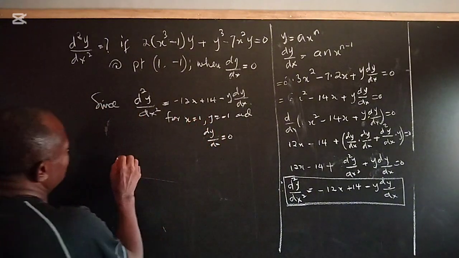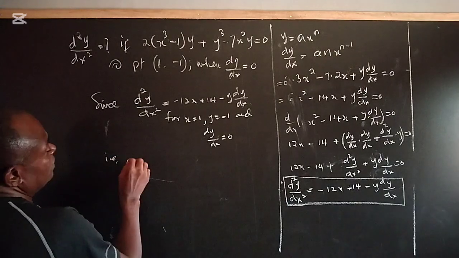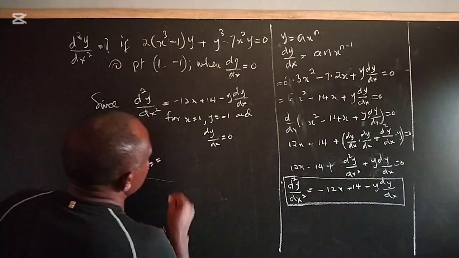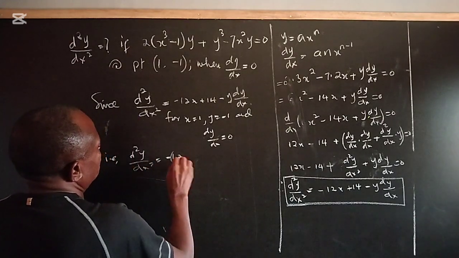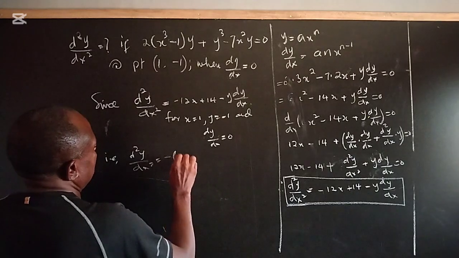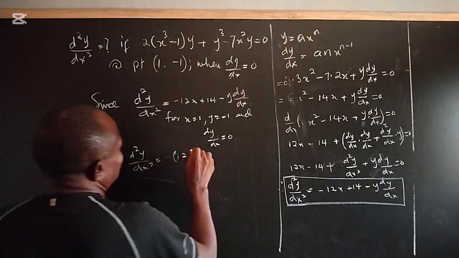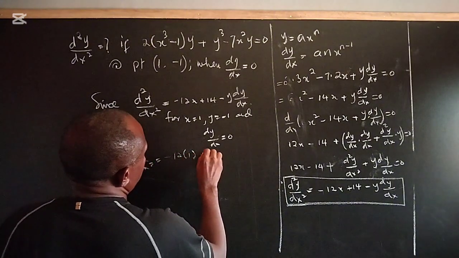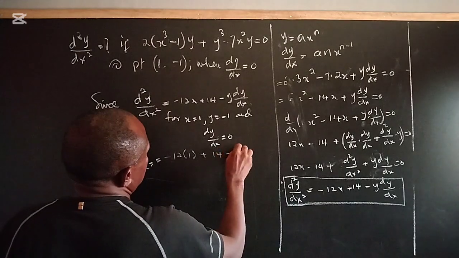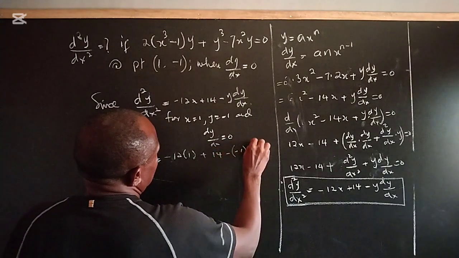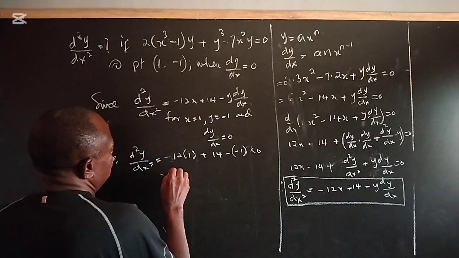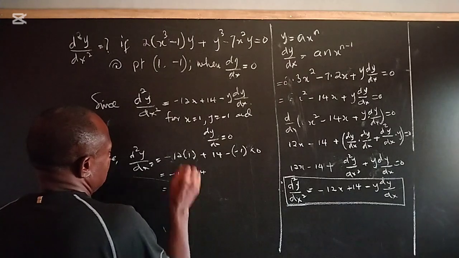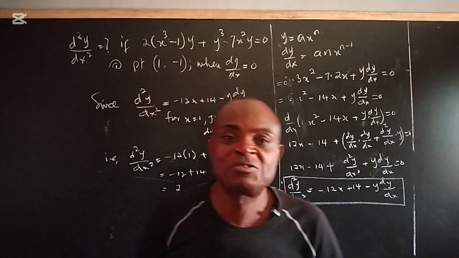So we have d squared y over dx squared equals minus 12 times 1, plus 14, minus 2 times 0. The result is minus 12 plus 14, and that gives us a positive value, 2.